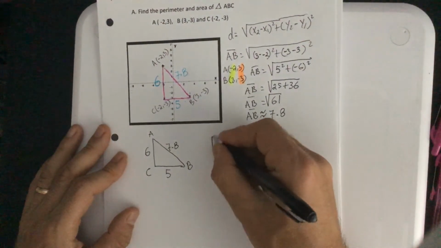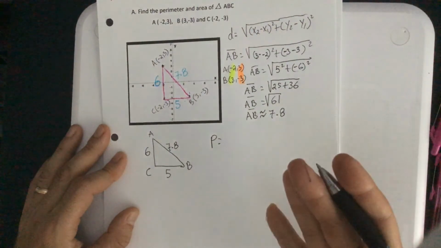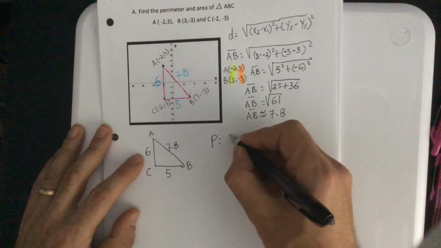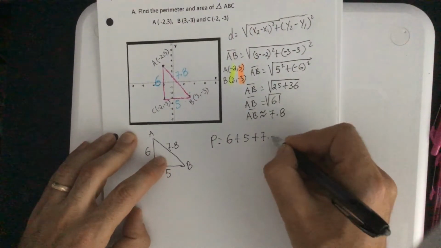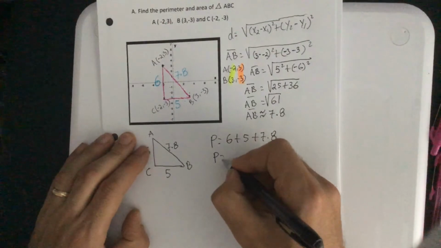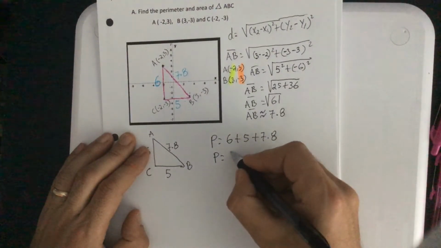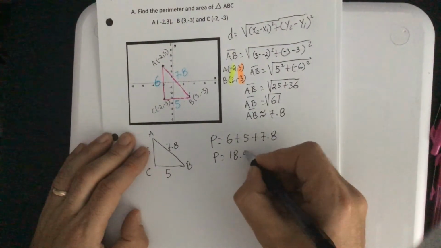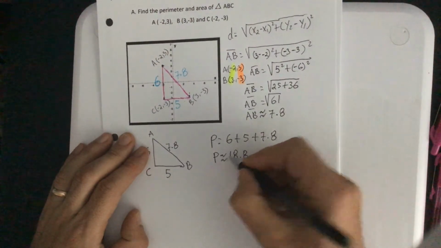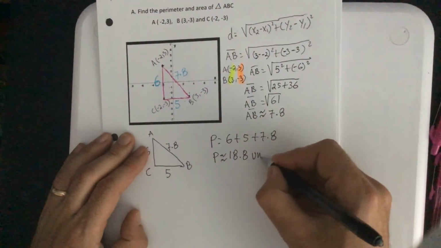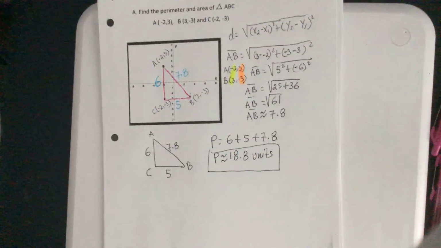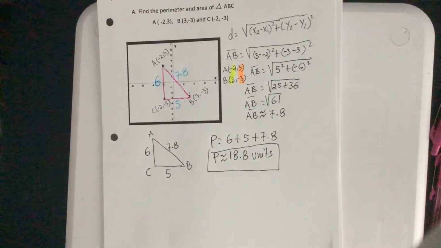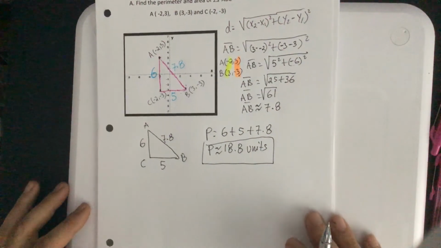So to find the perimeter is basically the addition of all of the sides, so 6 plus 5 plus 7.8. So the perimeter, if you add it together, you should be getting 18.8 as an approximation. And that's units, because perimeter is in units, right? Could be meters, centimeters, kilometers. I didn't specify there. Now, we need to find the area of the triangle.